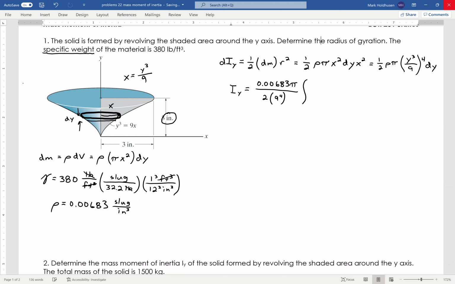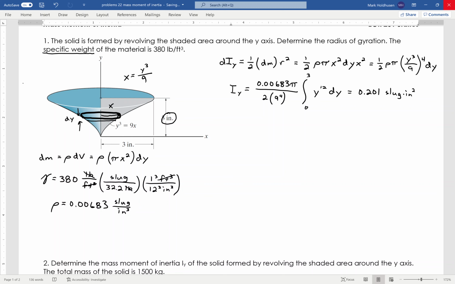Pulling out all those constants, okay? And then all I'm left with in there is y cubed to the 4th power, which is going to be y to the 12th dy. And again, I'm integrating with respect to y, so I'm going to go from 0 all the way up to 3 inches, because that's the height of this guy, okay? Doing that integral, y to the 13th over 13, and I get the value of 0.201. That'll be slug inches squared, which is a weird unit, okay, but that's what we have.